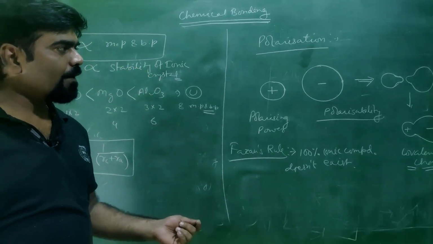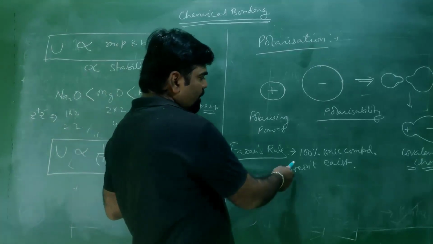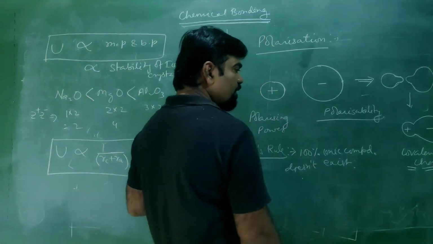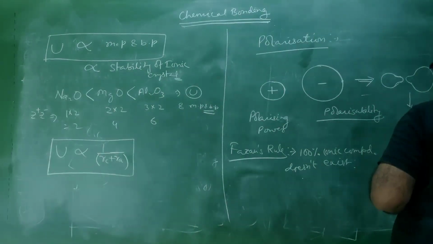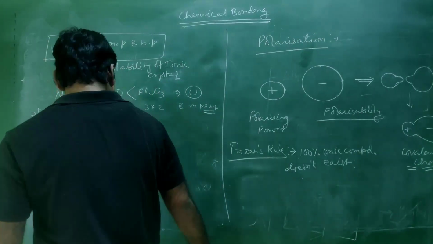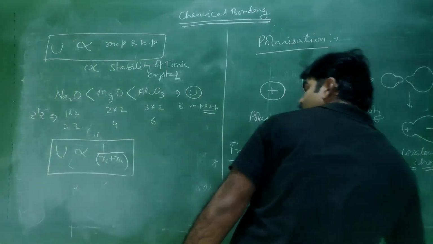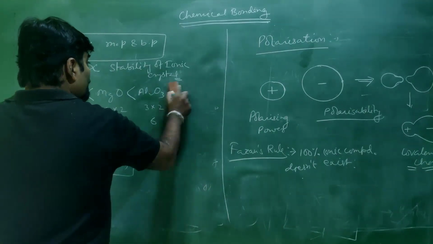So in all ionic compounds there will be some extent of polarization. Therefore, 100% ionic compound does not exist in nature. In all ionic compounds, there is some extent of polarization, some extent of covalent character. Okay, that was Fajans' rule.